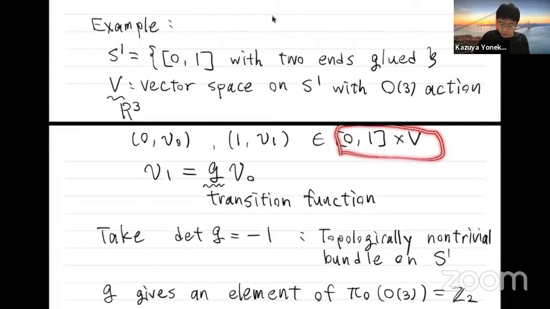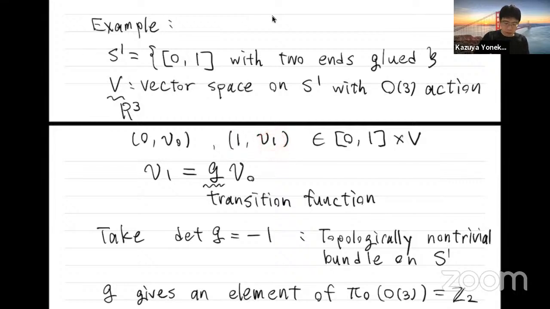So this is just a trivial vector bundle, a direct product of this interval and this vector space. And then we take two fibers. One fiber is at the point 0, and I take the vector element of the vector space here as V0. And I also take the point 1 in this interval, and I denote the vector here as V1.